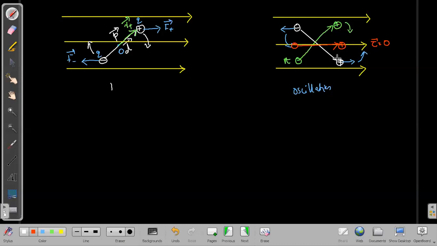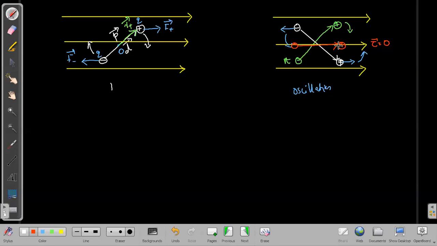An example is the simple pendulum. If you release a simple pendulum at a certain angle from the vertical, it will not come to rest at its equilibrium position. It will move towards the other direction and start oscillating. Similarly here the molecule will start oscillating about its equilibrium position. So this is the equilibrium position.